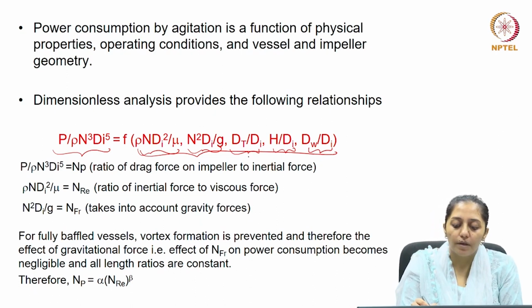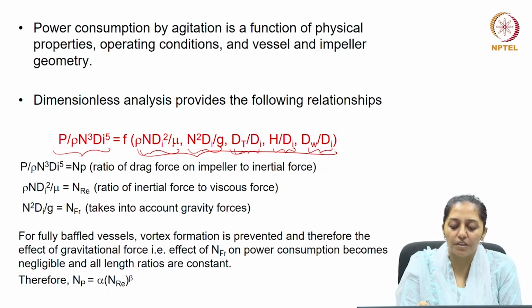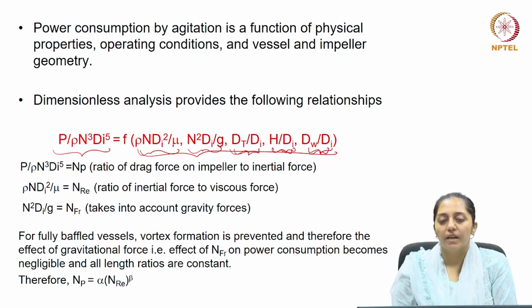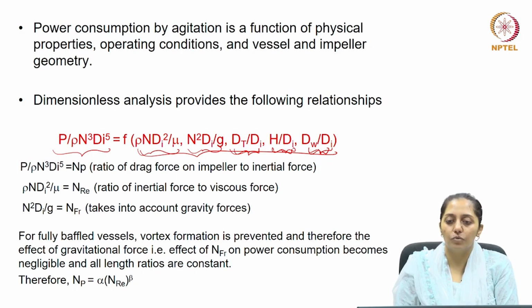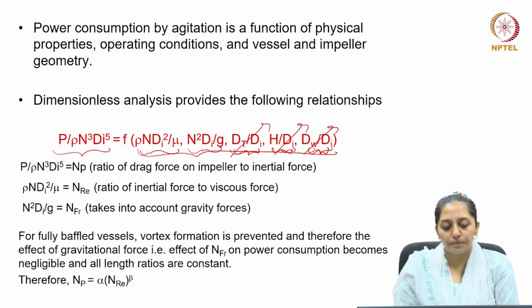So, now if you noticed, dt is the tank diameter, di is the impeller diameter, h is the height of the tank, dw is the width of the impeller. So, these ratios dt by di, h by di, dw by di are generally governed by thumb rules and they can be assumed to be constant.